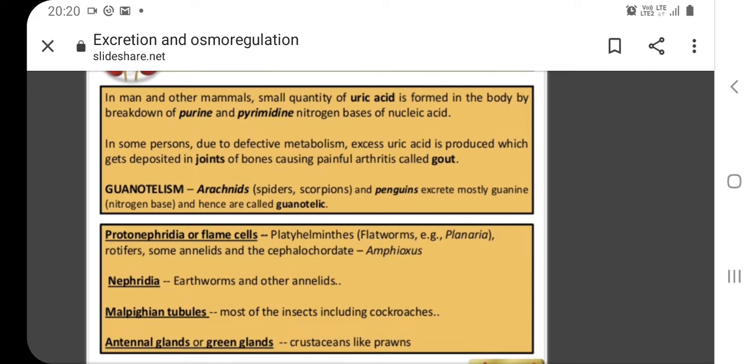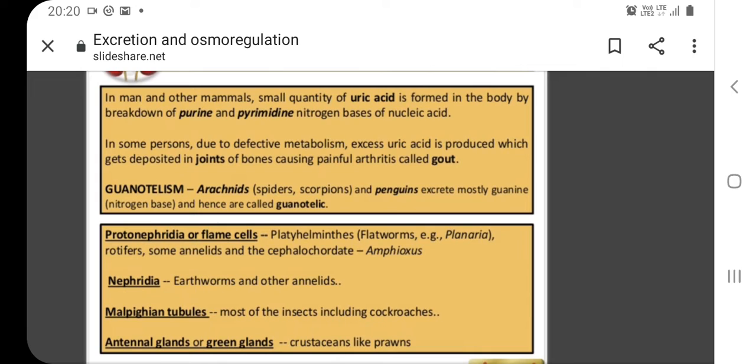In earthworm and other annelids, the excretory organ is the nephridia, which is like the nephron present in the higher animals. In insects and cockroach, the excretory organ is the Malpighian tubule.